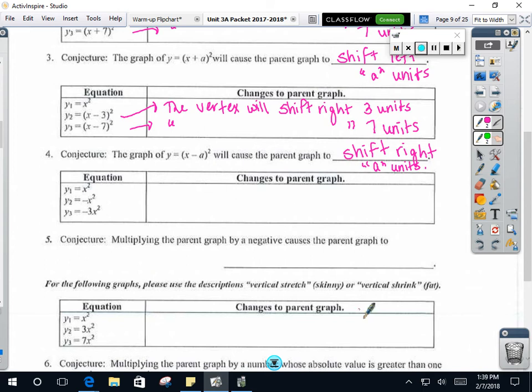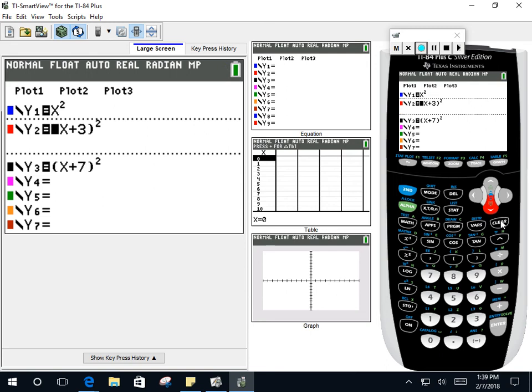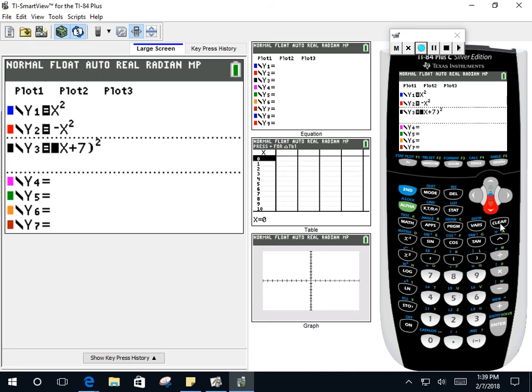Okay, I'm going to graph it on mine. The second one is y equals negative x squared. And then the third one is y equals negative 3x squared.